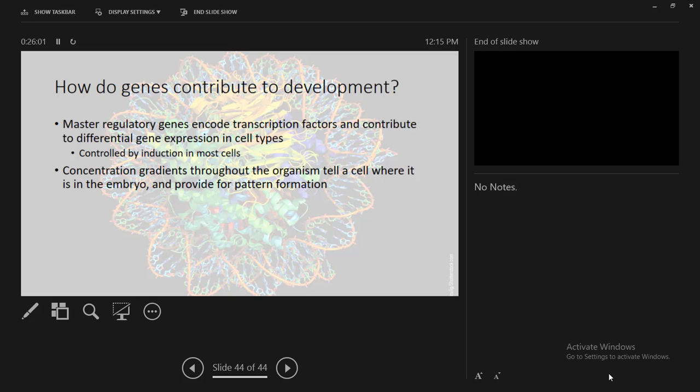And then you have other chemicals that, say, are being produced at the dorsal end, the back surface of the embryo. And as you get closer to the ventral surface, the front surface, the concentration drops. So now the cells know where they are on this axis based on the concentration of materials released at the posterior end.